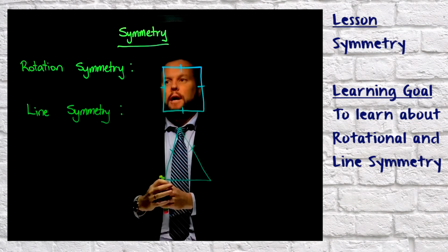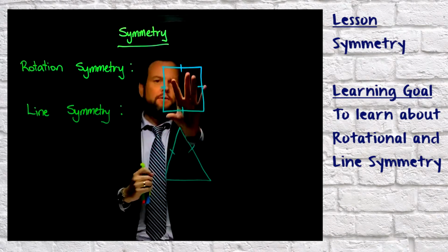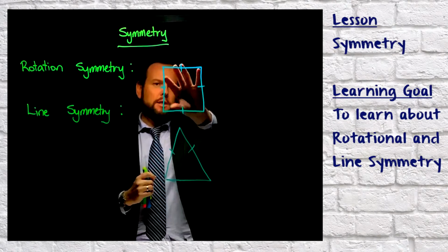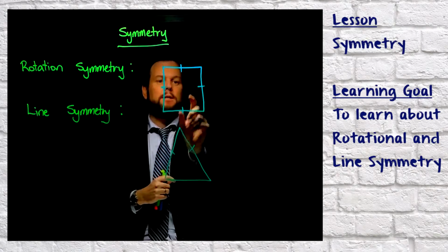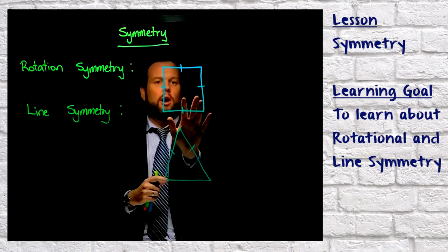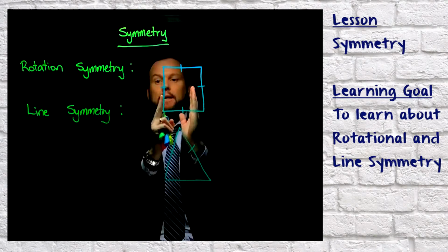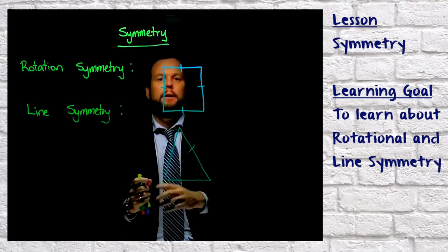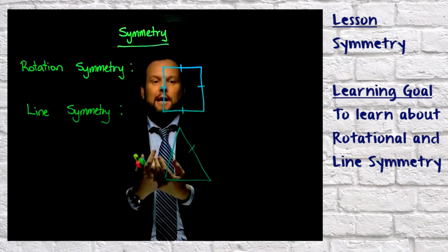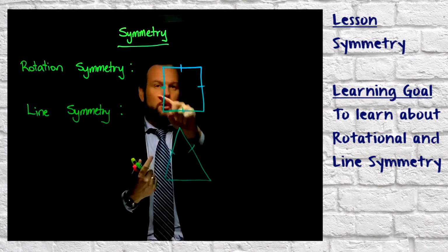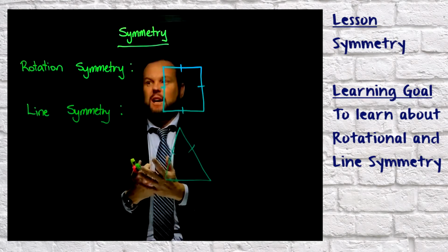Basically what rotational symmetry means is if you have a shape and you start in a position and you turn it 360 degrees, you look for how many times it looks exactly like it did when it started. So if we had something like a circle, it would have an infinite number of rotational symmetries because it always looks exactly the same.